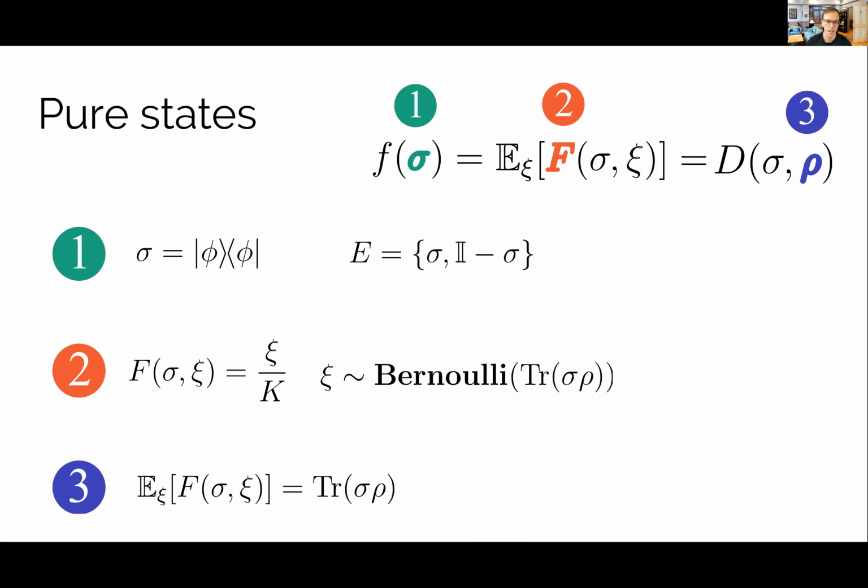Sometimes this is called a test. So my measurement is: is it this state, or the opposite outcome, is it in the orthogonal subspace. For a single qubit, it's just a state and its antipodal state on the Bloch sphere.